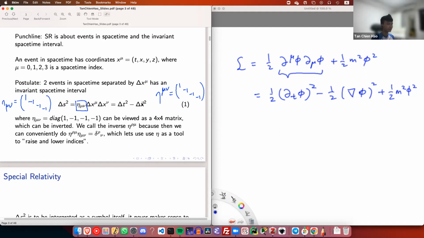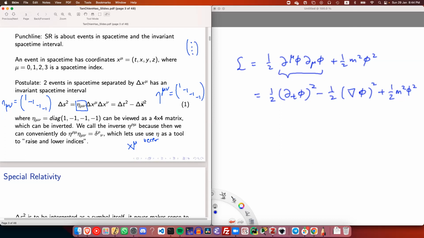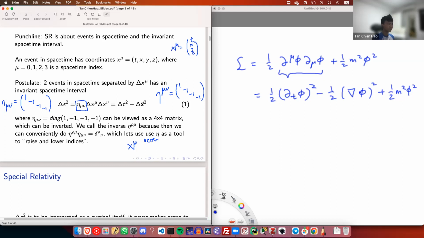lower and raise indices. So if we have a contravariant index like that, which means we have a vector like that, and a vector is just a column of 4 numbers, in this case t, x, y, z for the position vector, then we can apply this matrix to it.